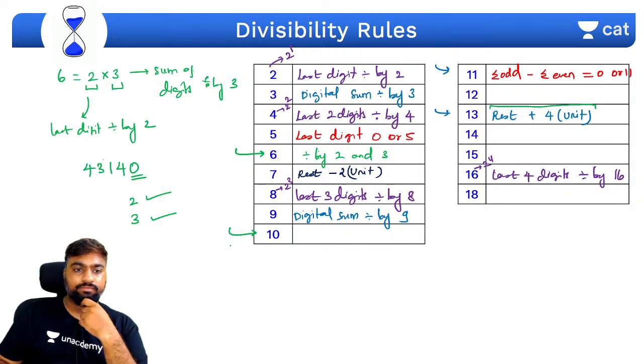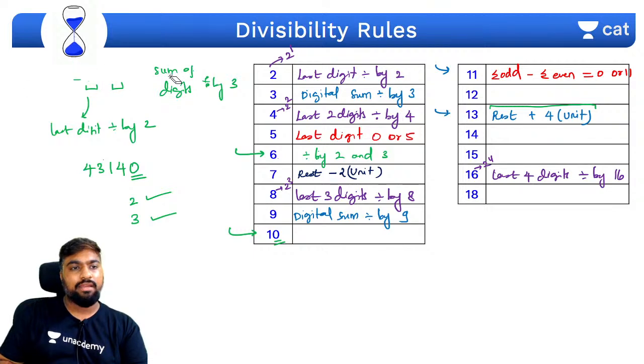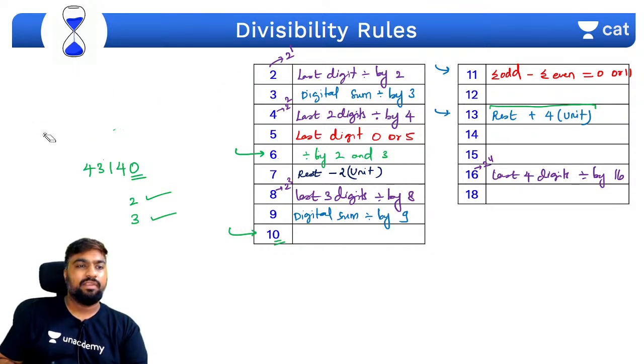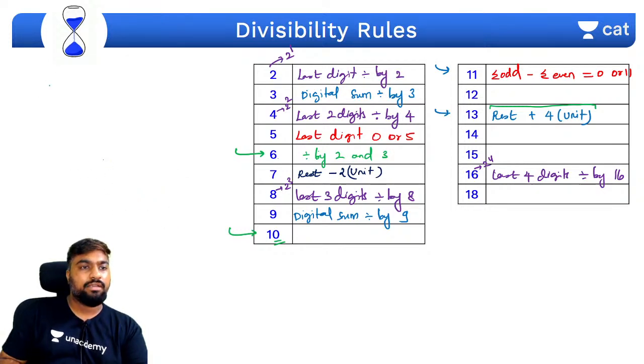Don't worry. Guys, tell me 10, 10. What will be the rule for 10? Quick. Yes, the last digit should be 0. Yes, for 10 the last digit should be 0, because what's the rule? For 10 the number should be divisible by 2 as well as by 5, correct? If a number is divisible by 2 and it is divisible by 5, what do I get?